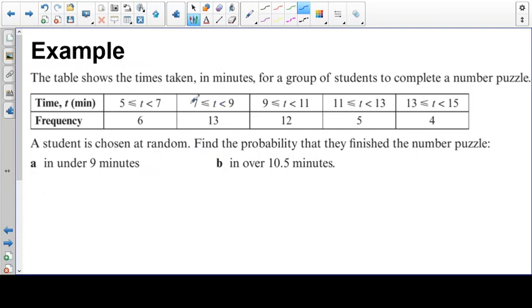Well, that's these here. So those 19 students did the puzzle in under 9 minutes. But what's that out of? Well, it's out of the total number of students. The total number of students is all of those numbers added up, and that's 40.